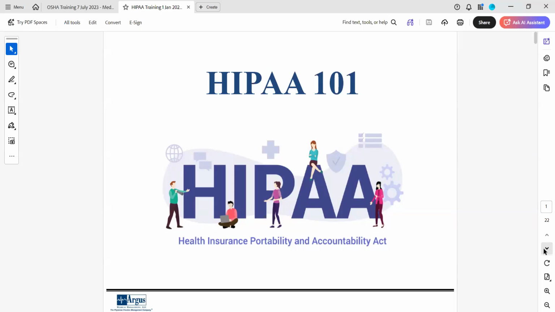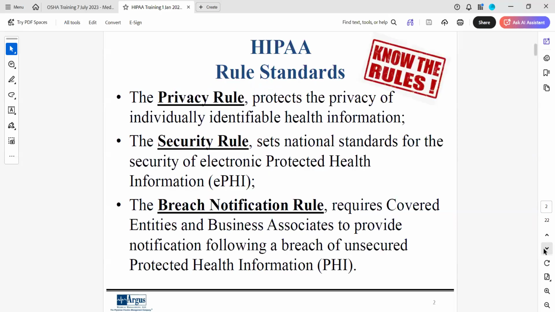Let's get started. We call this one HIPAA 101. So HIPAA rule standards: there are the privacy rule, which protects the privacy of the individual's identifiable health information, the security rule, which sets the national standards for security of electronic protected health information, and the breach notification rule, which requires covered entities and business associates to provide notification following a breach of unsecured protected health information.